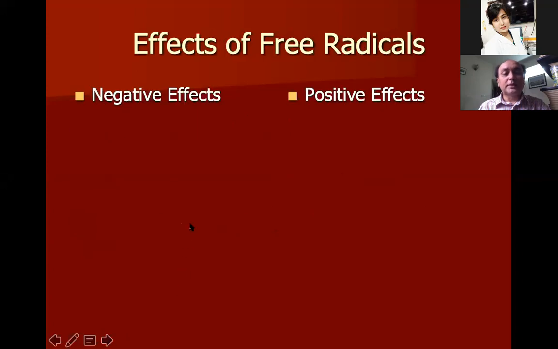As I mentioned, free radicals mostly have negative effects, and some positive effects also. Negative effects mean it accelerates the aging process. Second, it is also involved in causing cancer because free radicals can damage the DNA and cause mutation, and the mutation can result in cancer. It also disrupts normal cell activities because free radicals can damage the membrane.